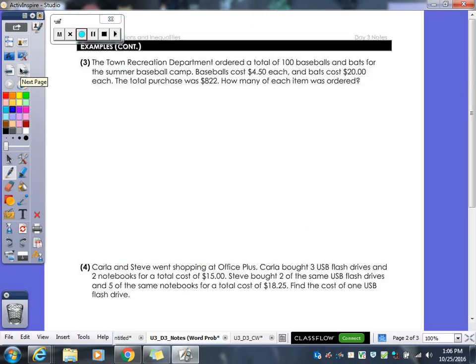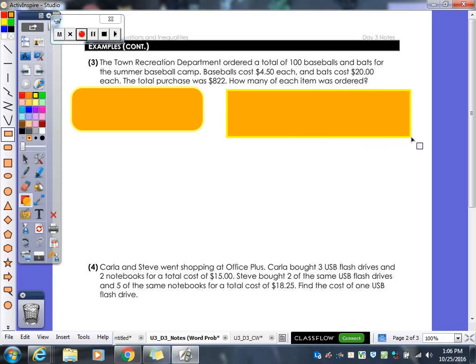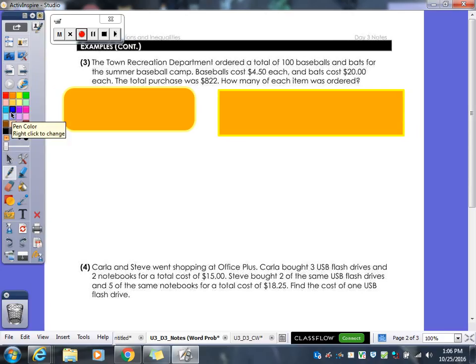Here, it says the town rec department ordered a total of 100 baseballs and bats for a summer baseball camp.